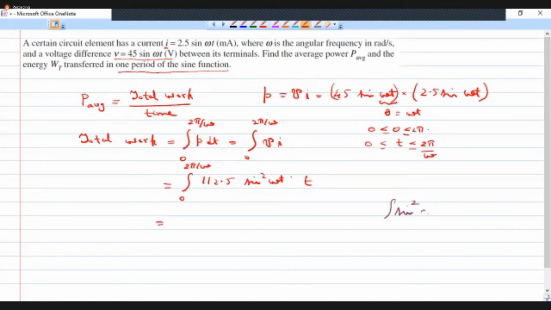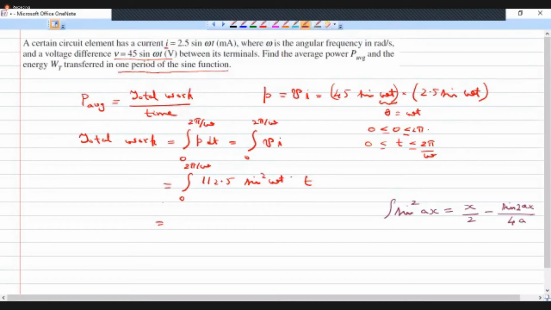So we can write the general expression: the integral of sin square ax is equal to x by 2 minus sine of 2ax by 4a, after integrating.